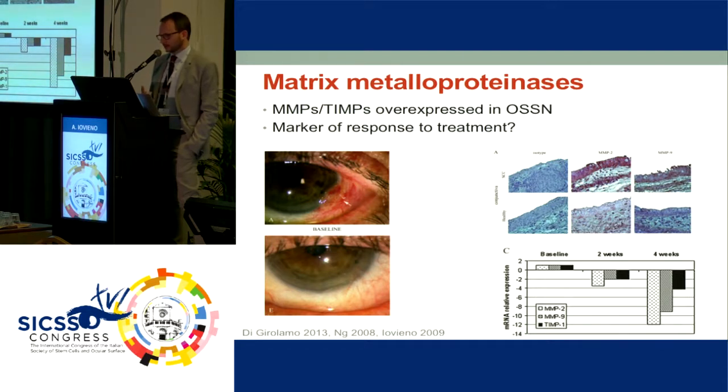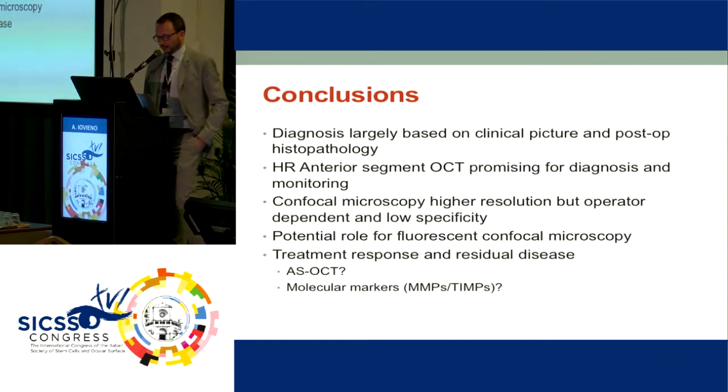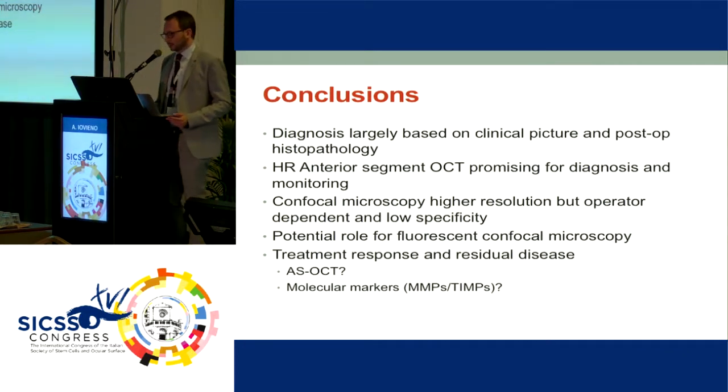We've seen that these can be considered as markers of an existing neoplasm, and after treatment with mitomycin, a progressive reduction of the expression of these metalloproteinases was observed, so they might be used in the future as tumoral markers for the follow-up.